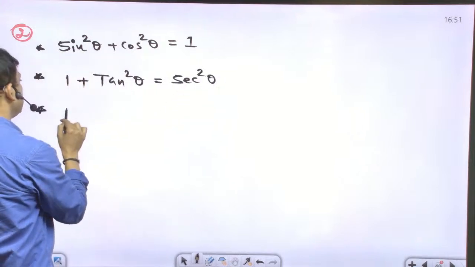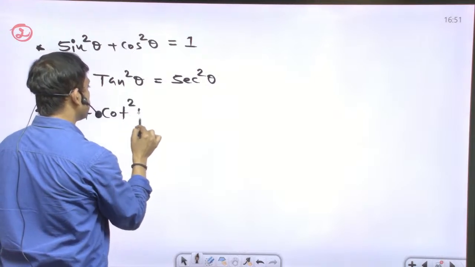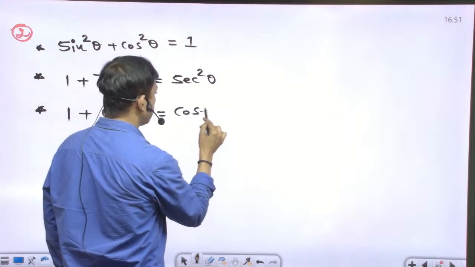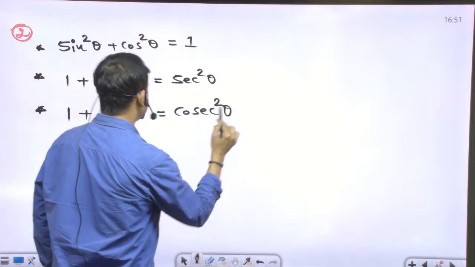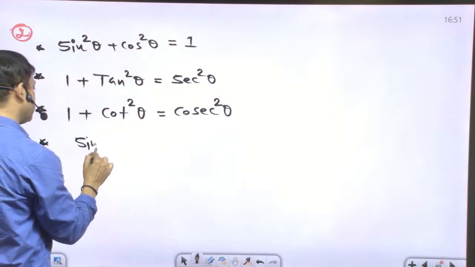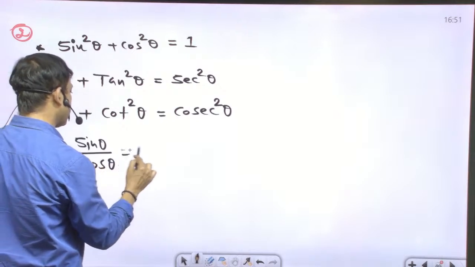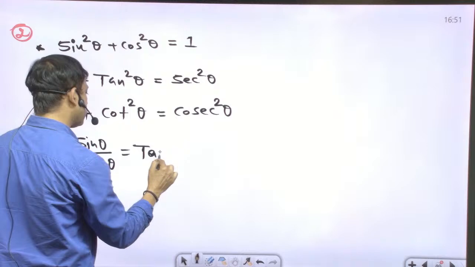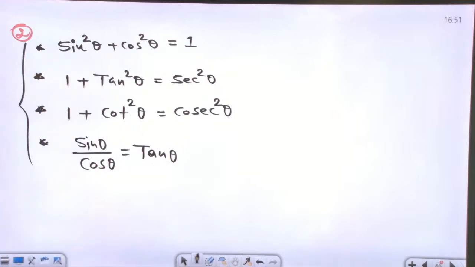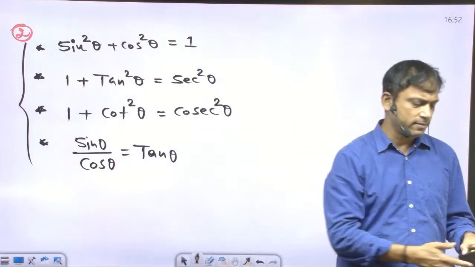Third, 1 plus cot square theta is cosec square theta. And fourth, sine theta divided by cos theta is tan theta. These four are basic identities. Note them down.